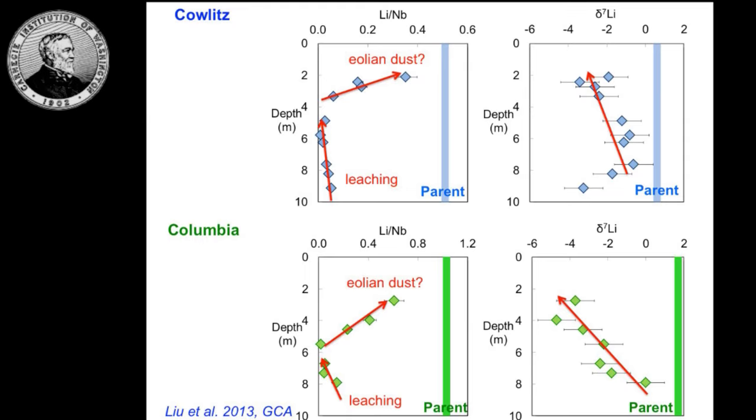It could be due to aeolian dust component, and this one is due to secondary mineral formation. So we can explain all this, but the aeolian dust we cannot be sure about because lithium could be behaving non-homogeneously.